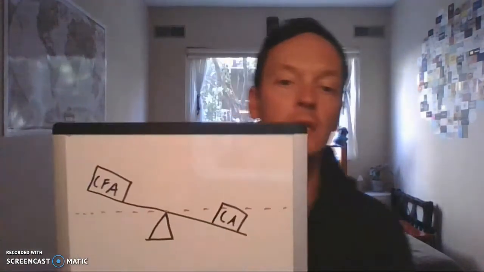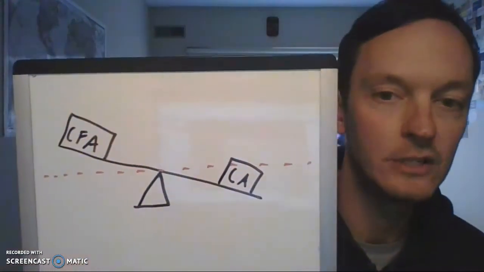So that's the second point. The next one is, when we have the balance of payments, we split the classification into two sections. On one side we've got the current account, and on the other side we've got the capital and financial account. The way I like to visually represent this is like a seesaw.